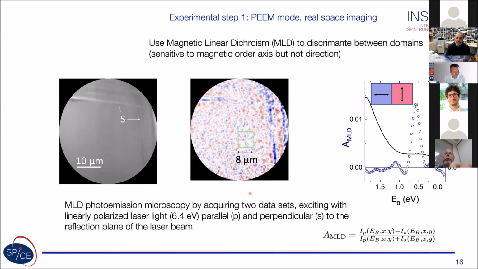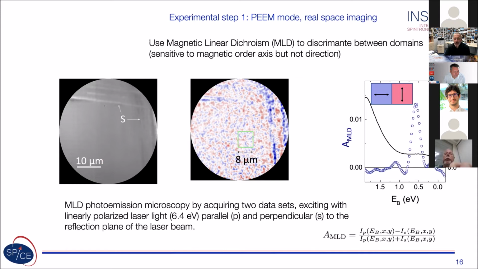So back to the experiment. Now let's discuss the experiment that was done in manganese gold to observe this parity violation. The first one is using the PEEM mode in real space microscopy. You have the sample here shown in the fairly large, about 20 or 30 micron diameter, 50 micron diameter circle.